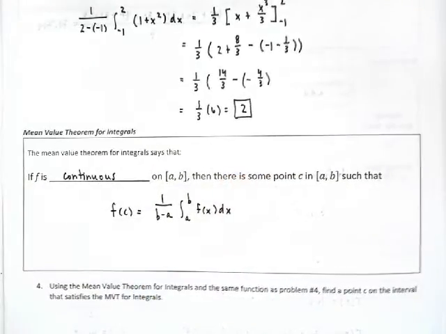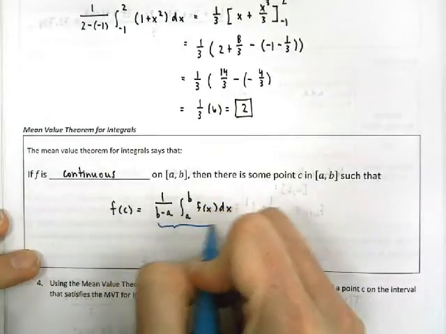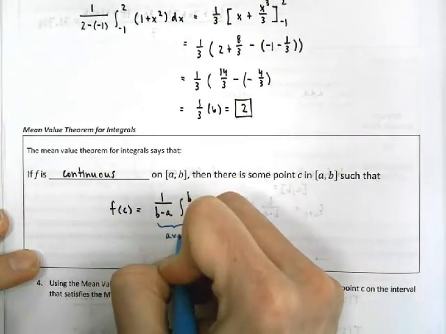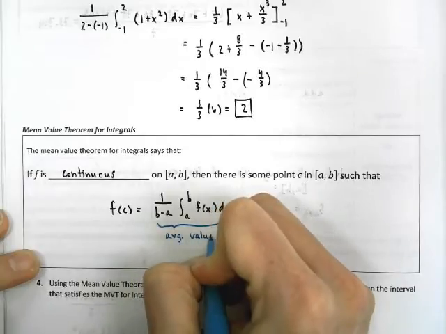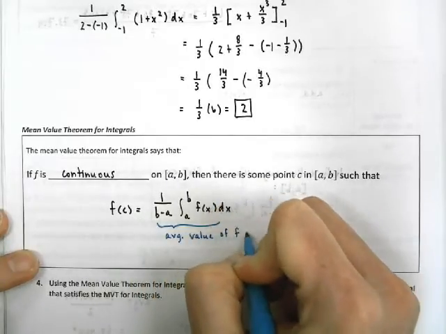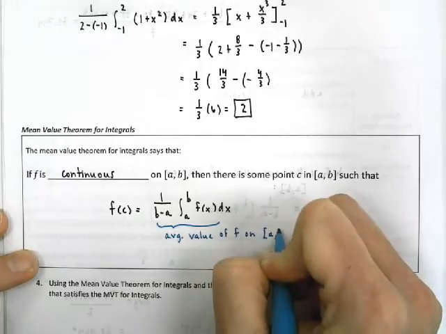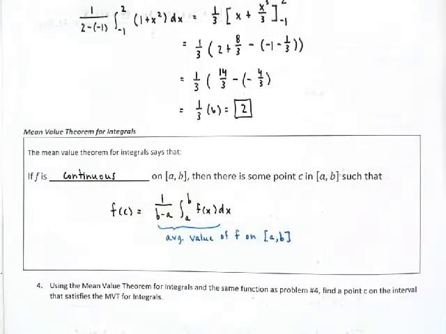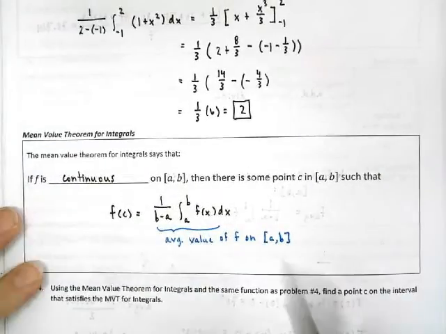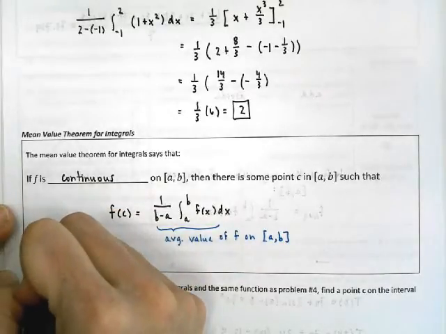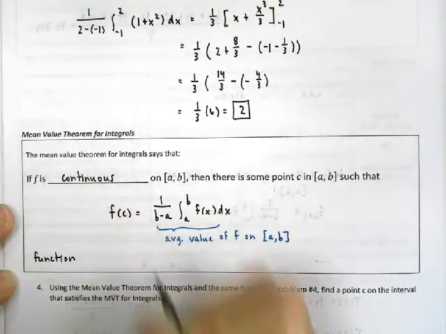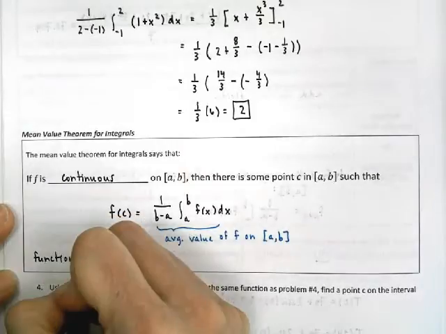Well, hopefully right away we recognize that this piece is just the average value of f on our interval from a to b. So really all that this is saying is that the function takes on its average value at some point in that interval.